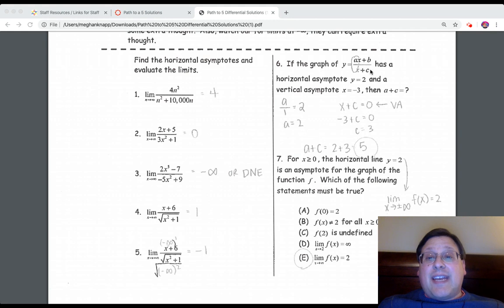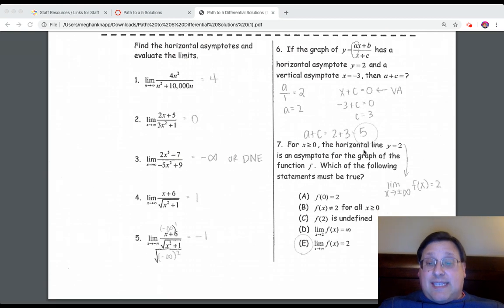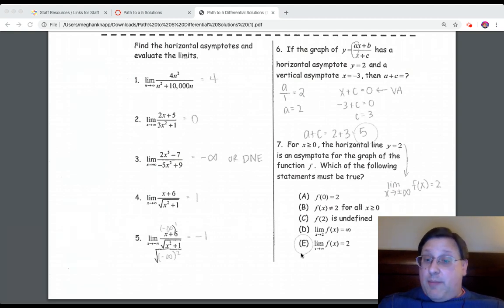So that's where the denominator goes to 0. So we basically need -3 plus c is 0, and that's where we get c equals 3 from. All right. Similarly, on number 7, as soon as they start saying y equals 2 is a horizontal asymptote, e is exactly how we describe that. Sound good? Okay.